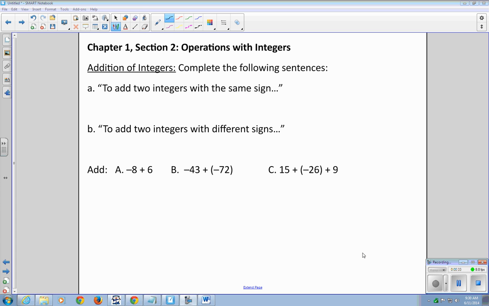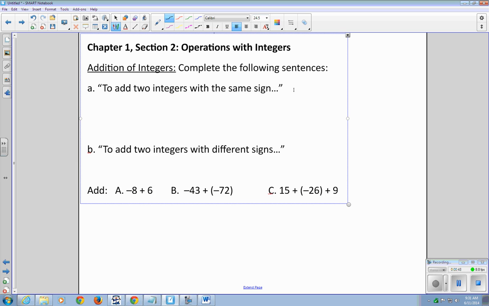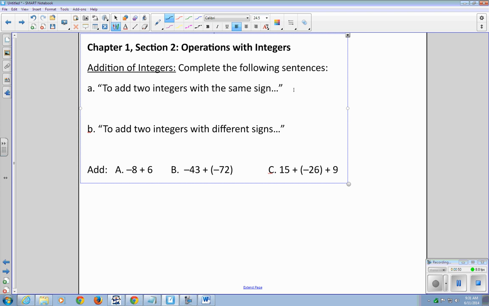So let's complete the following sentence. To add two integers with the same sign. Well, what do we complete that sentence with? If I'm going to add two integers with the same sign, what should I say? Well, looks like I should say the following.